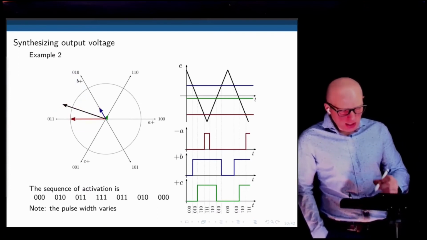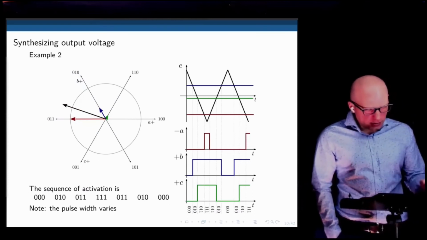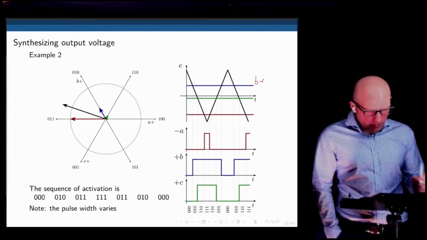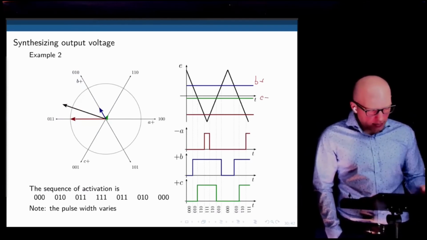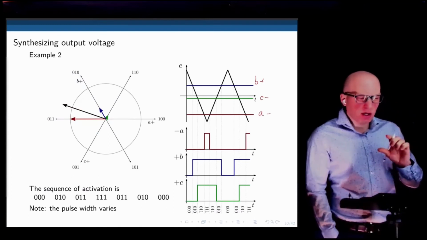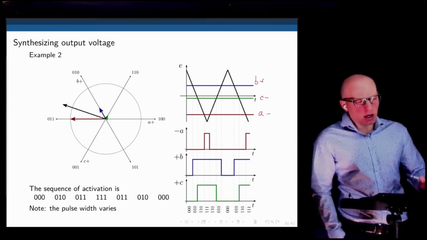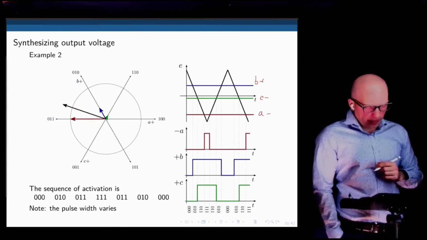And once this adds up, we now need to define the magnitude of each of the signals. We need B plus. B plus is positive. We need C minus, so negative. And we need A minus. And you see that the size of those vectors, the magnitude of those vectors, determine how far we are from the x-axis.